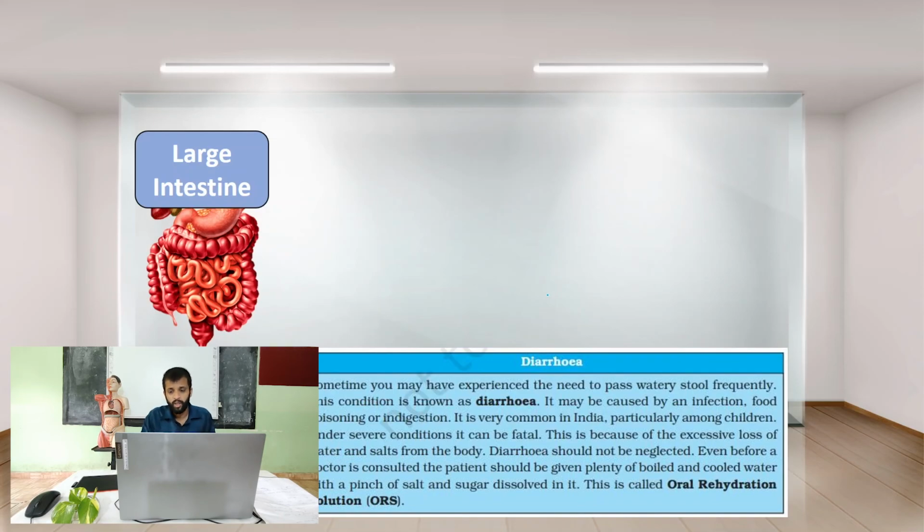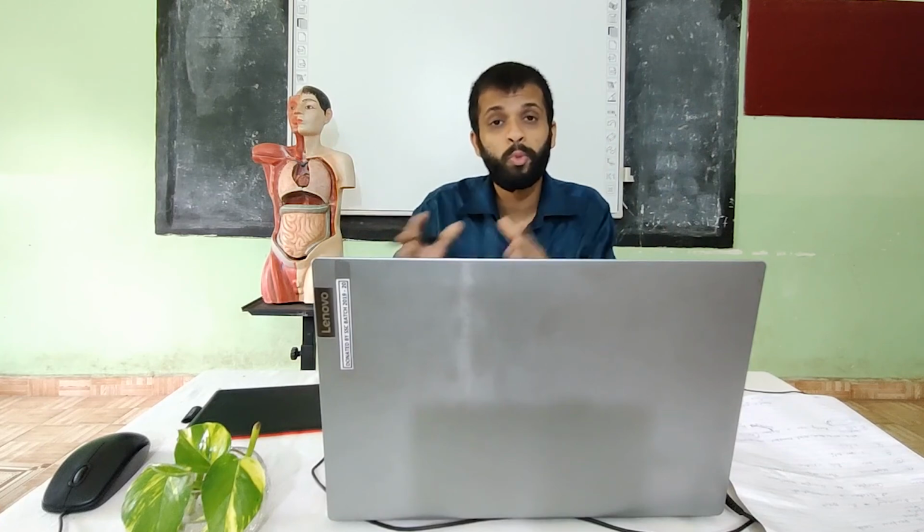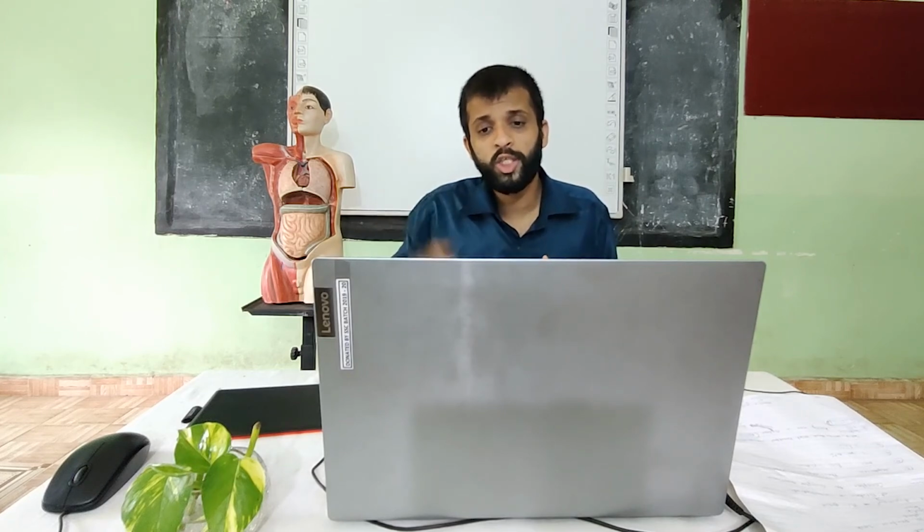In this large intestine, the length of it, first of all, is 1.5 meters. The small intestine length was 7.5 meters. Large intestine, just 1.5 meters. Now, what is the purpose of having the large intestine? It absorbs all the water and salt from the undigested food.